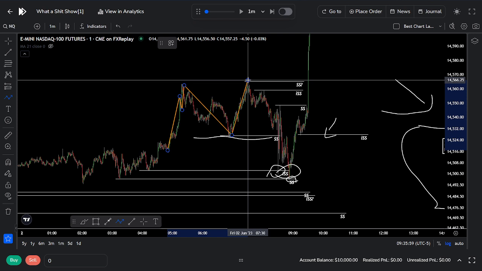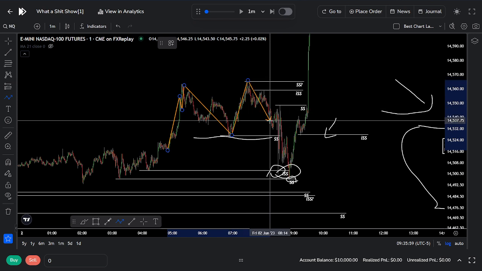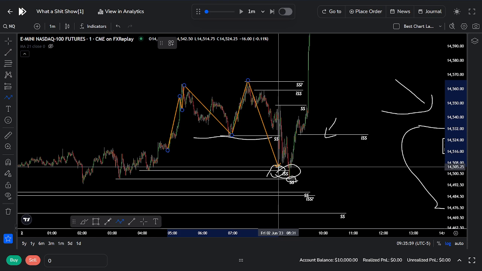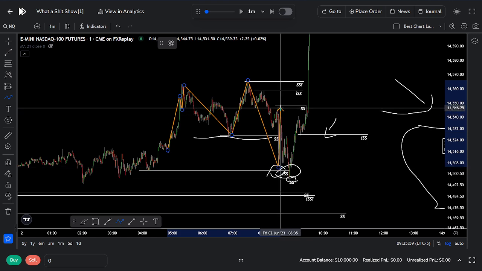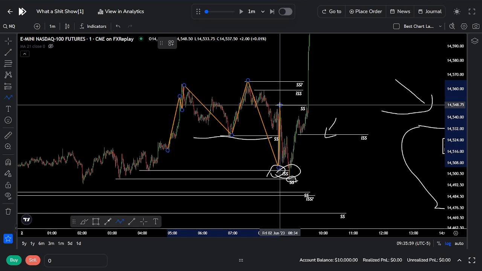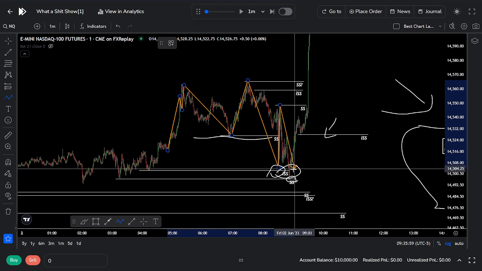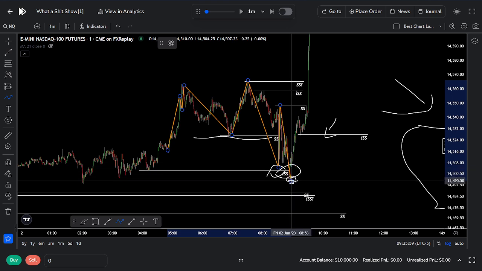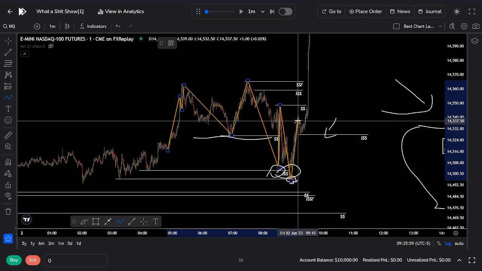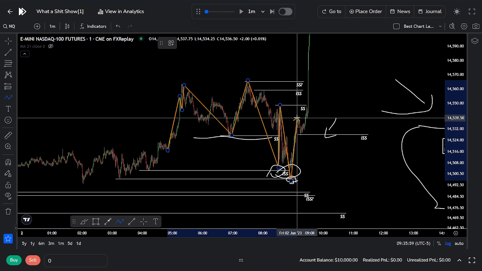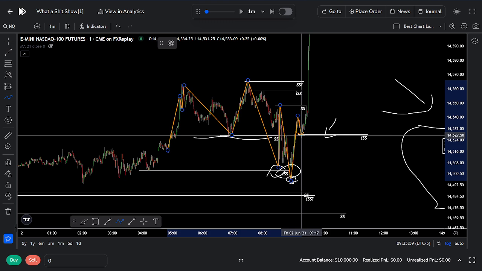SS level created below, a 4. A bounce off the lower end of the 1 from the ISS level. And then the final move from the SS level with inner confirmation from the ISS level.